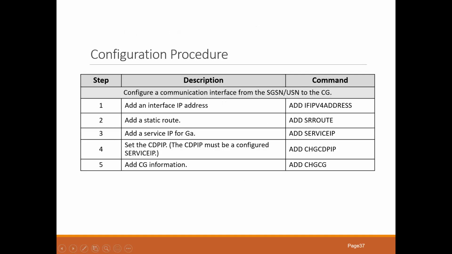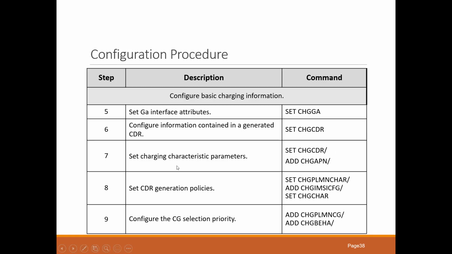Okay, so configuration. For this you add an IP address, interface IP address, a static route. Usually it's optional. Then you have the service IP address for Ga, the local one. Then you add the CDF IP, and then you add the charging gateway information. And then your charging rule information, your basic charging information.